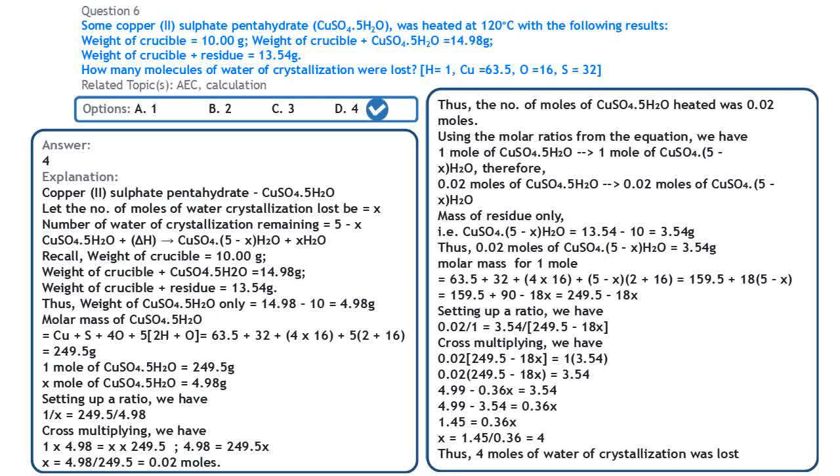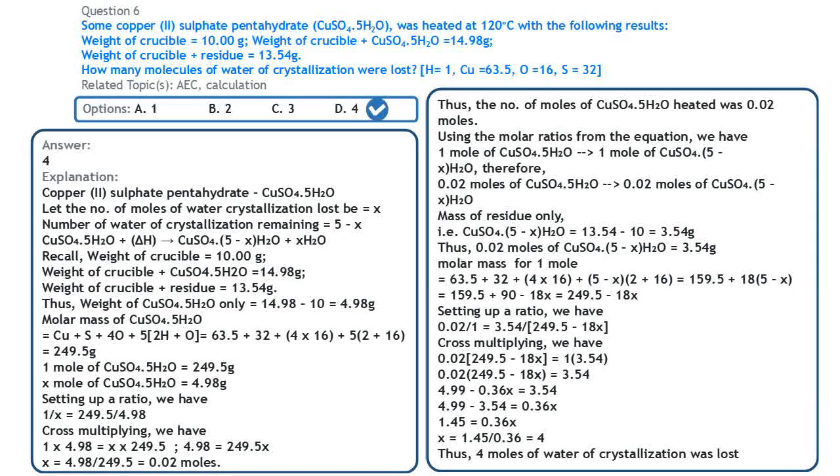So 1 mole of this, which is the molar mass, the mass of 1 mole of this substance, is equal to what we have here. Then when you cross multiply, this denominator here will multiply the numerator here, and you have 1 multiplying this here. So we have 0.02 times what we have here is equal to 1 times 3.54.